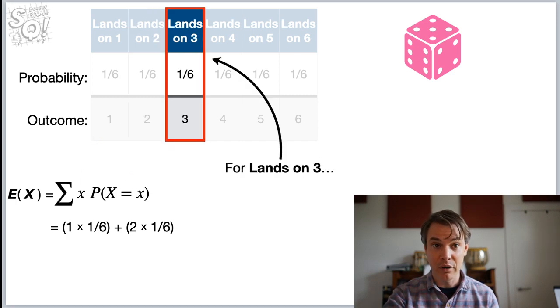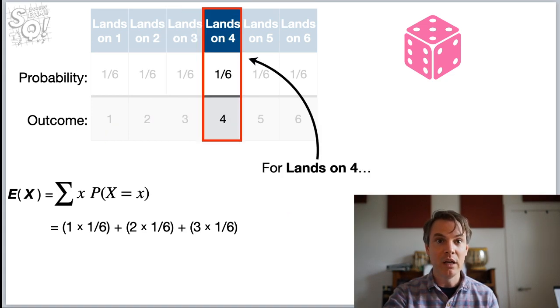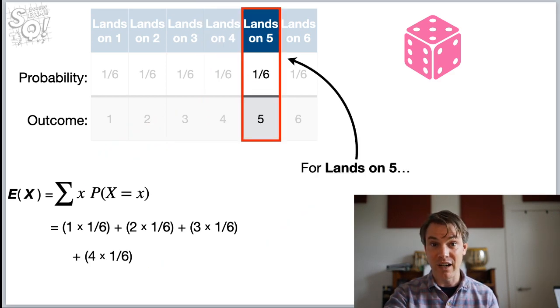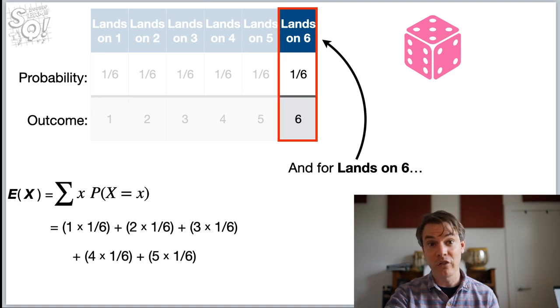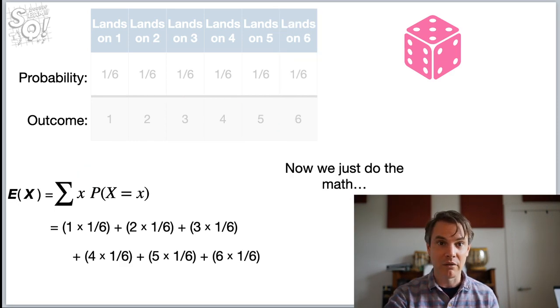And for lands on 3, we get 3 times 1 divided by 6. So we add that term to the sum. And for lands on 4, we get 4 times 1 divided by 6. And for lands on 5, we get 5 times 1 divided by 6. And for lands on 6, we get 6 times 1 divided by 6. Now we just do the math.